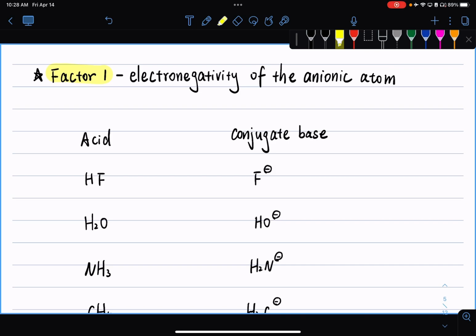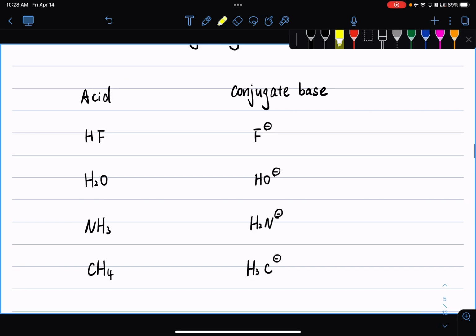What that means is, depending on the electronegativity, let's look at the trend of fluorine, oxygen, nitrogen, and carbon. So we're going from group 7 back to group 5, group 4.